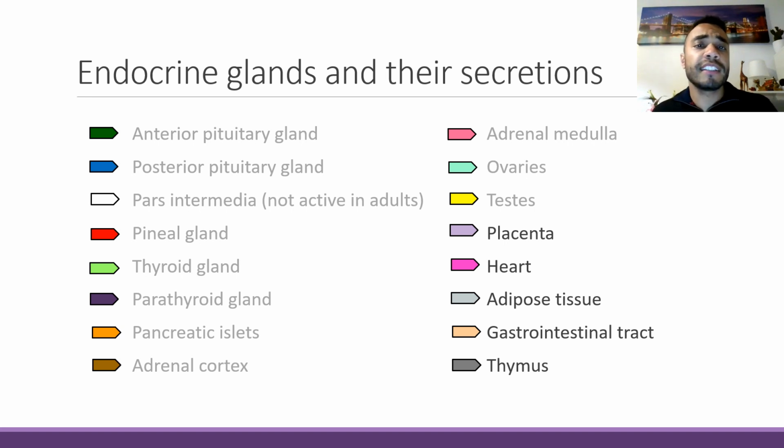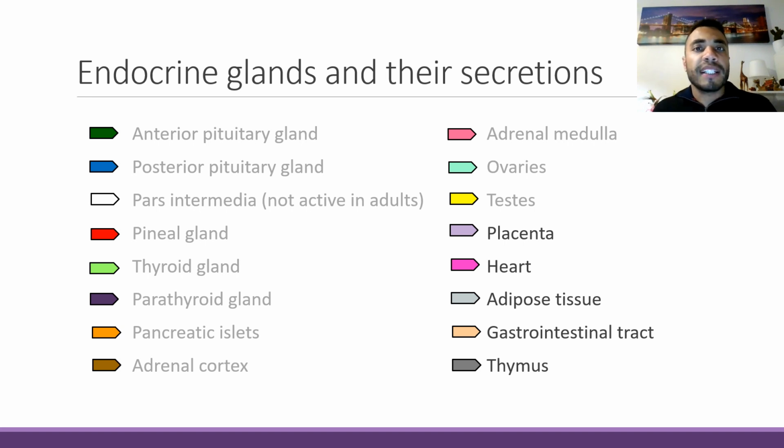We have the heart. As we already know, the major function of the heart is to pump blood to all systems in the human body. And the secondary function of the heart is that both atria, the left and the right atrium, have specialized endocrine cells that secrete the hormone called ANP, the atrial natriuretic peptide.